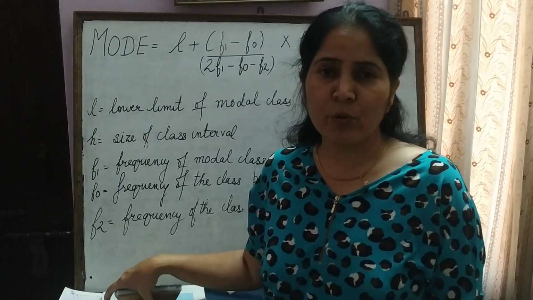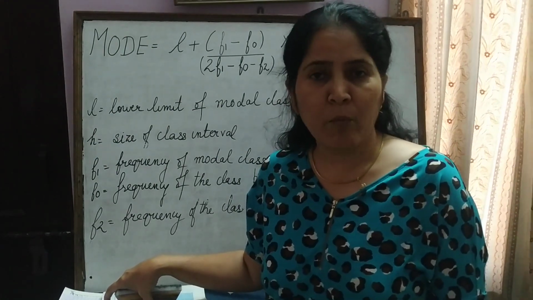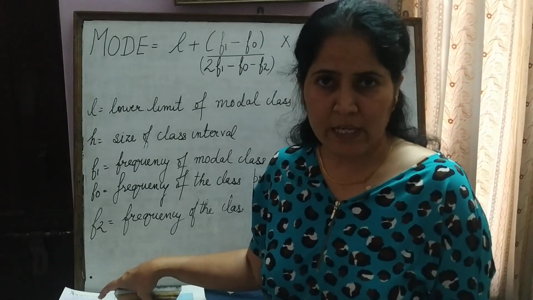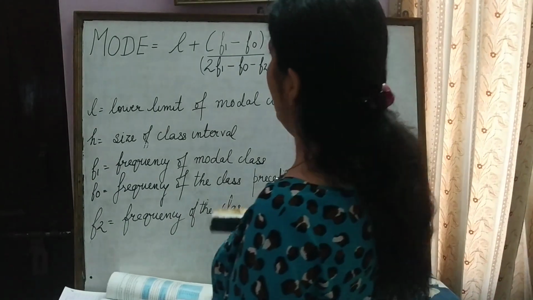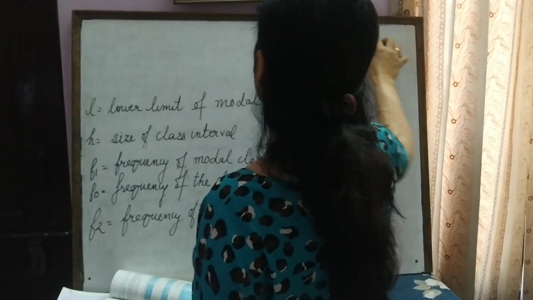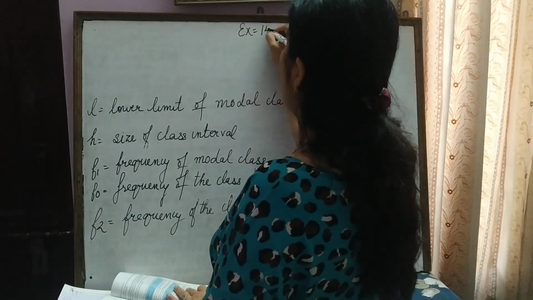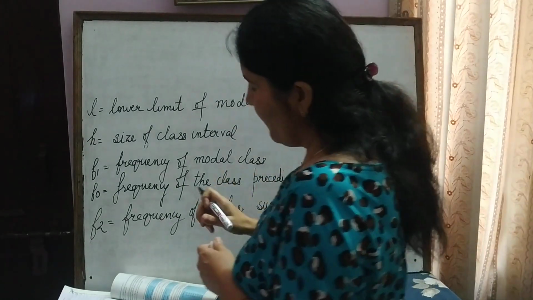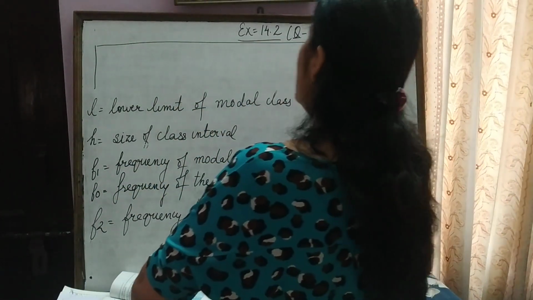So I would request you to please take out your books. Exercise 14.2. Let us take question number 1 on the board to see the way of obtaining mode. First let us copy the table on the board.